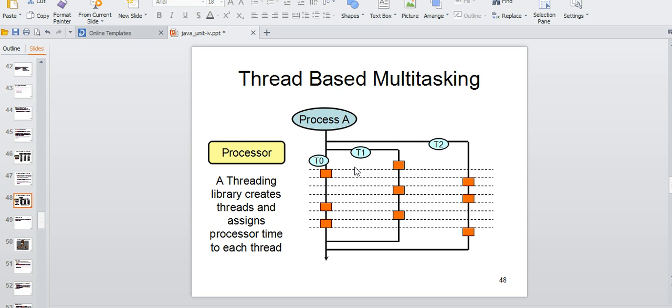And coming to thread-based multitasking, see here is a single process, but there are three tasks T0, T1, T2. A single process is subdivided and doing these three tasks at a time.